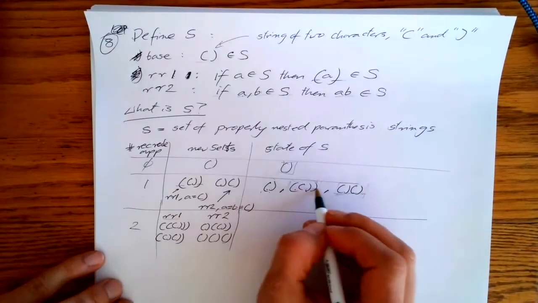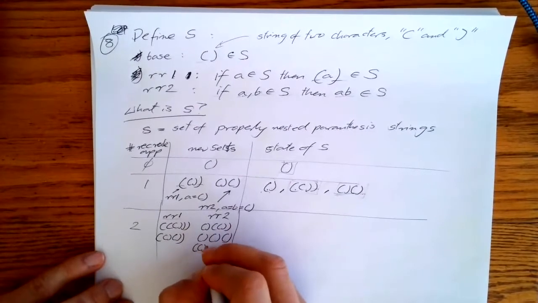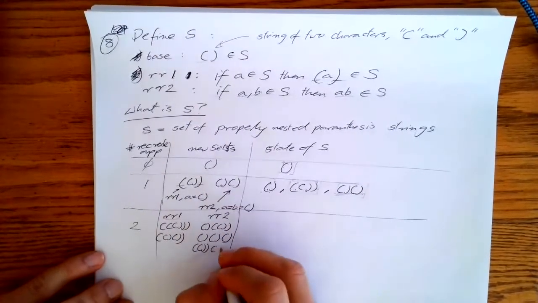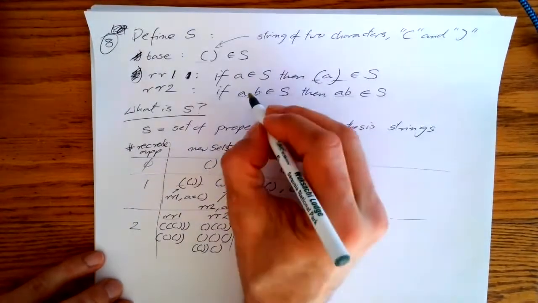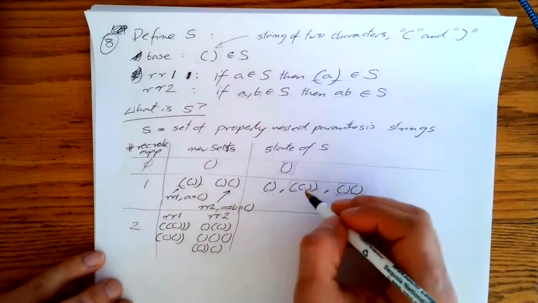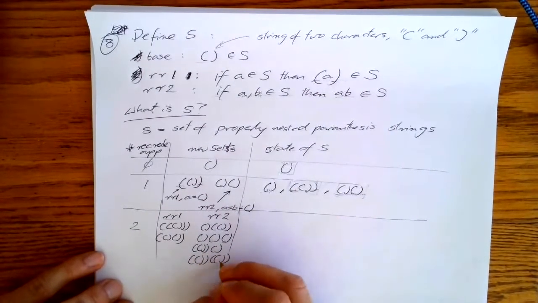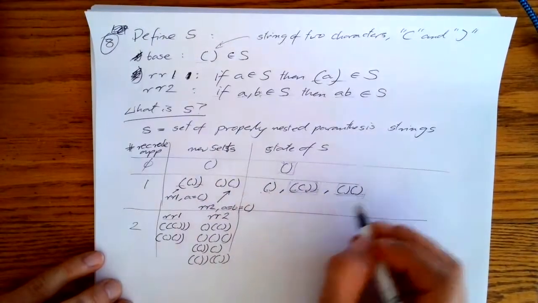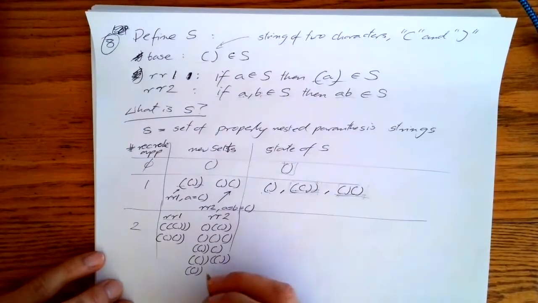Now if I take this and concatenate it with that, I get this. If I concatenate this with itself, where both A and B are equal to this, I get open, close, open, close. And if I concatenate it with this, I get open, close, and this thing, open, close.